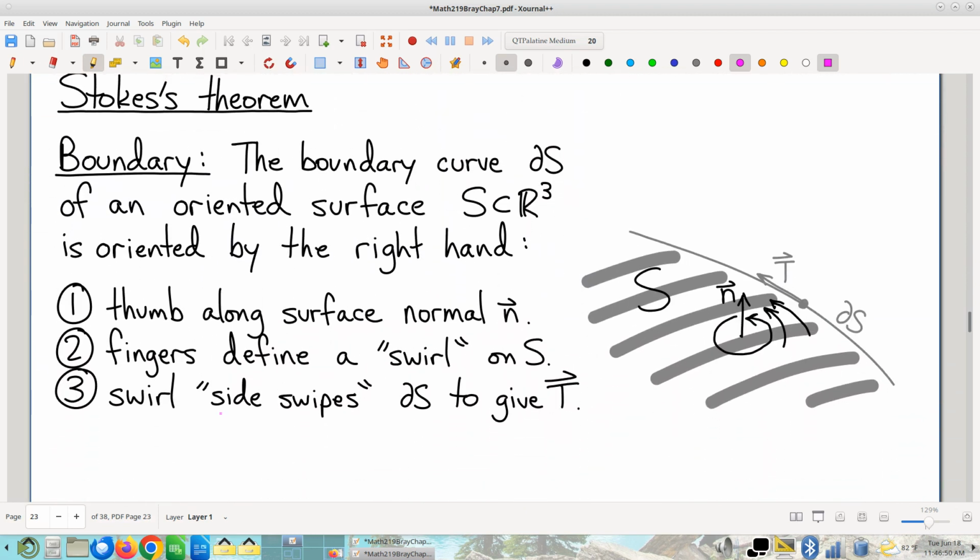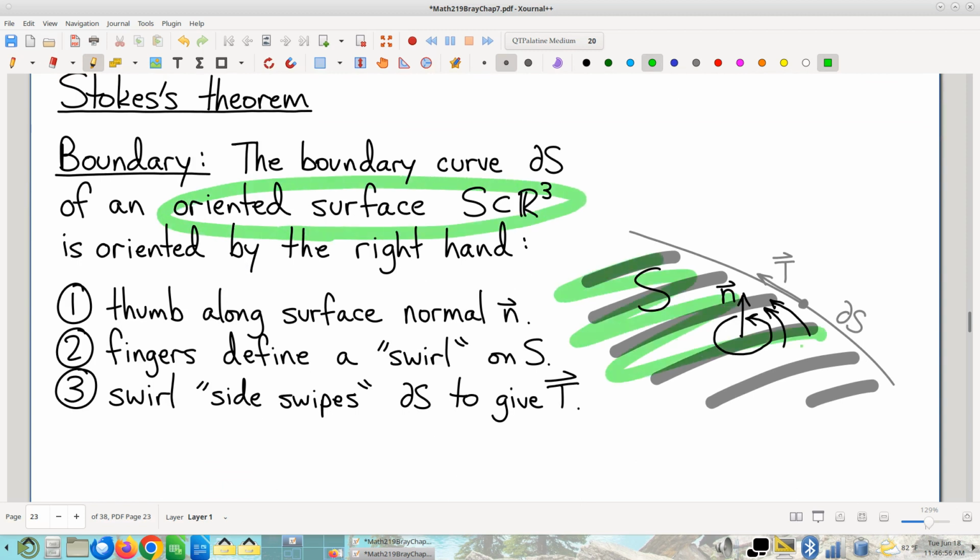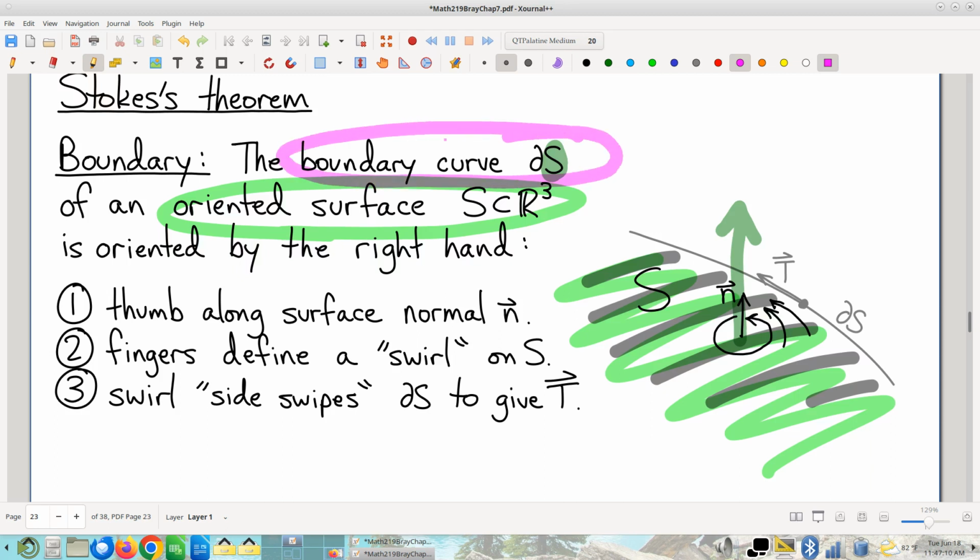We're going to consider another type of object. We're going to look at oriented surfaces, so surfaces oriented by a corresponding normal vector. If you have an oriented surface, how can I talk about the boundary curve of that surface?